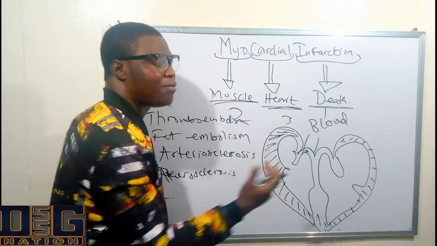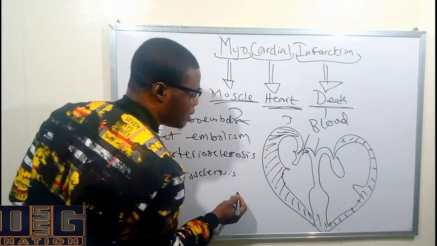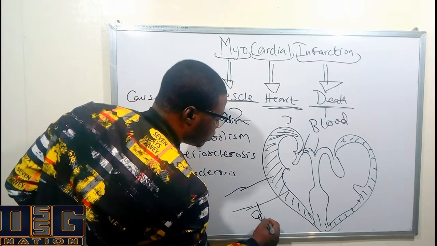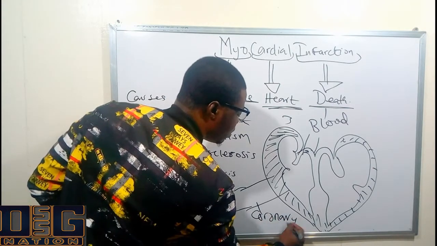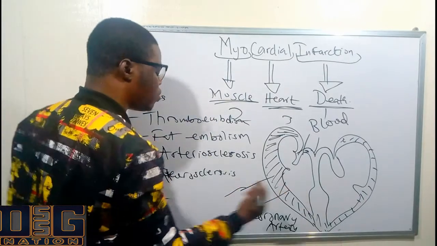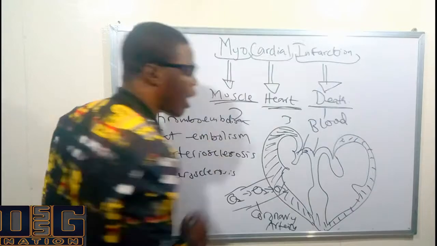Now, there are some arteries that bring blood back to the heart as well, so as to feed the heart, and those arteries are called the coronary arteries. The coronary arteries bring oxygenated blood back to the heart.